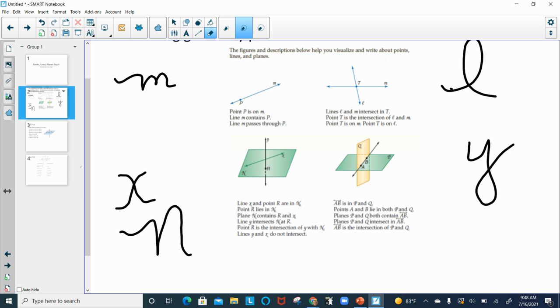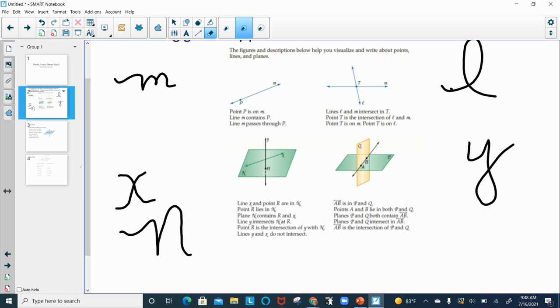So you can't say that line Y is in N, but line X is. It's laying in the green area. Point R lies in N. That's true. Plane N contains point R and line X, just another way of saying it.